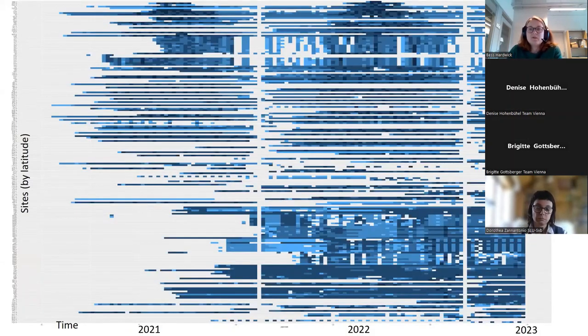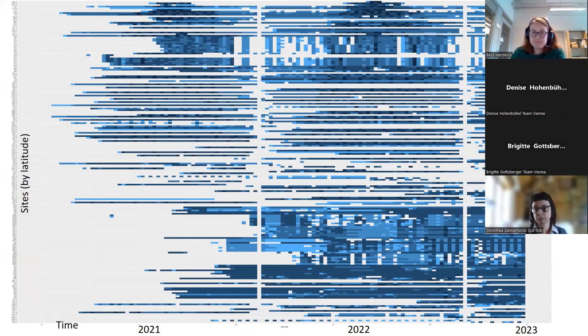So just to give the overview of where we are with the project. This slide shows us how much data has been collected in Lifeplan so far. On the x-axis, we have time broken up into sampling weeks. We've got the years separated by little bars, 2021, 2022, 2023.